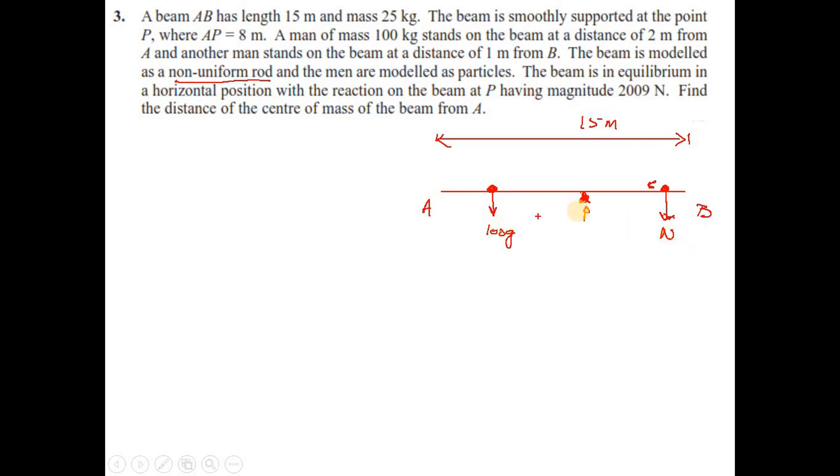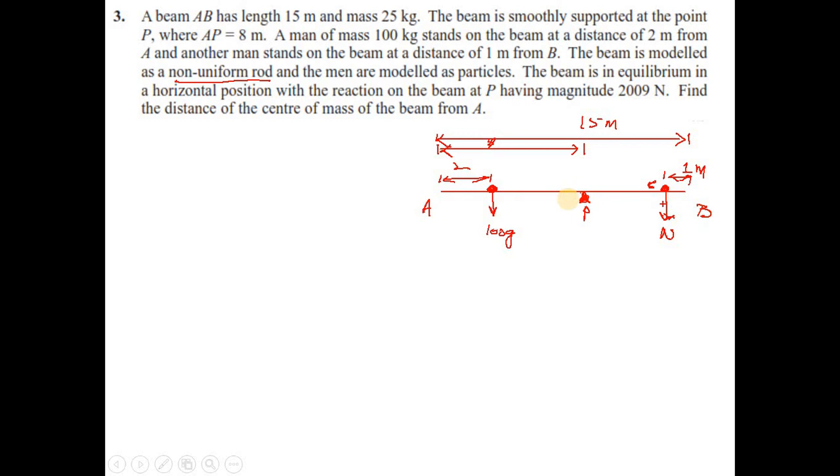And this is the situation where AP, so you know that this distance from A to P is 8. And this distance is 2. This is 1 meter. And the rod is non-uniform, so the center of mass or the center of gravity or the weight of the rod cannot act at the center of the rod.